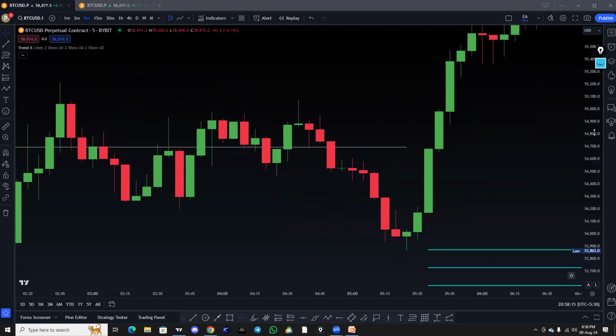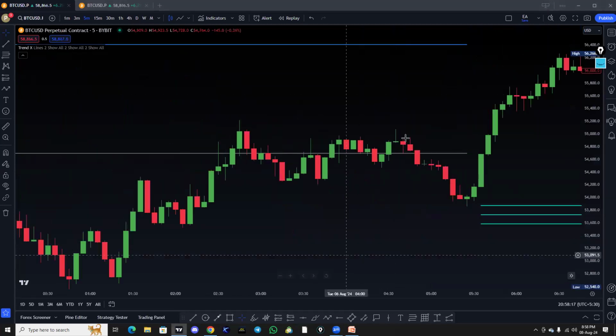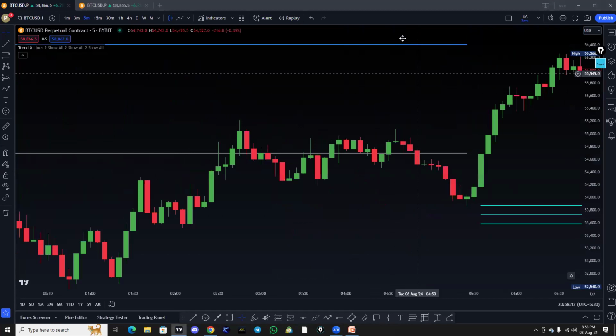Okay. So I'll show you now Dragonfly Doji. Just now I saw it in my market. I'll show you there.